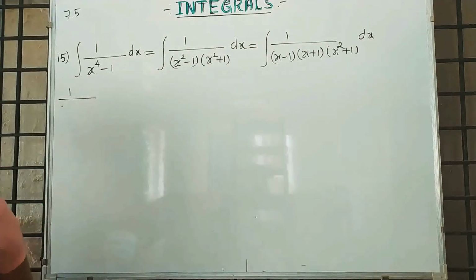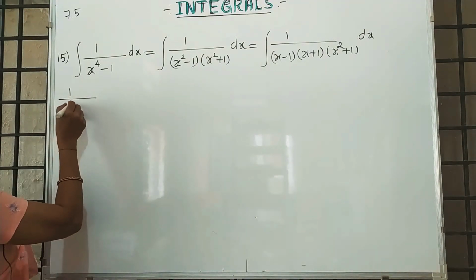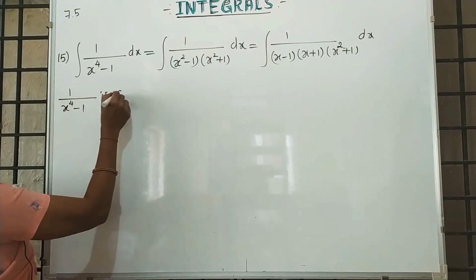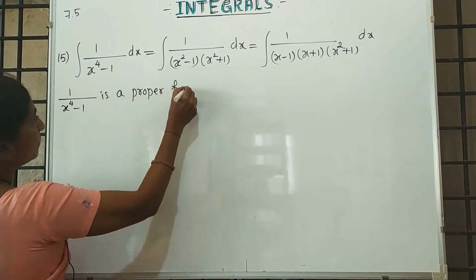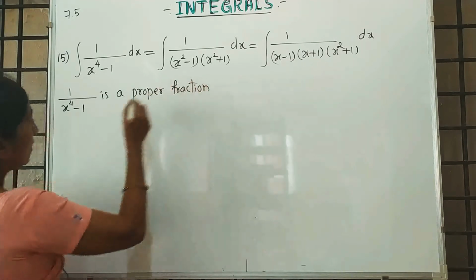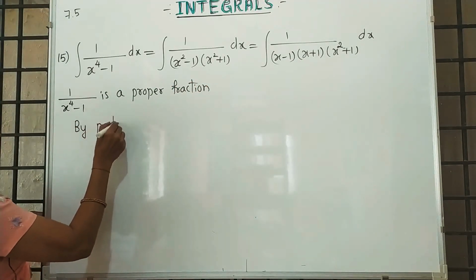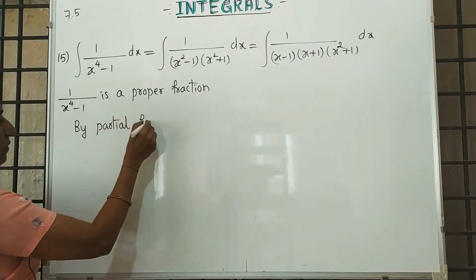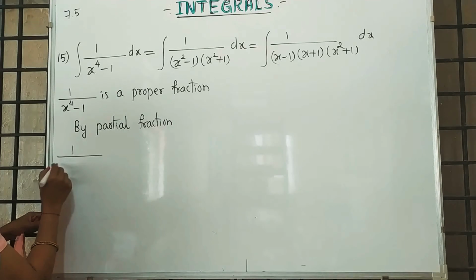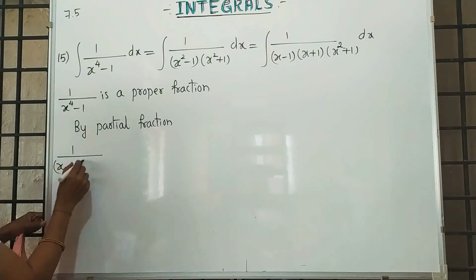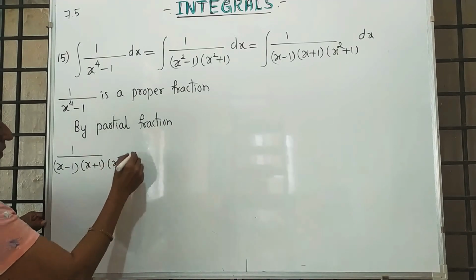So first identify whether it is a proper or improper fraction. It is a proper fraction. Next, by partial fraction, 1 upon, I am writing that split value, x minus 1, x plus 1, x square plus 1.